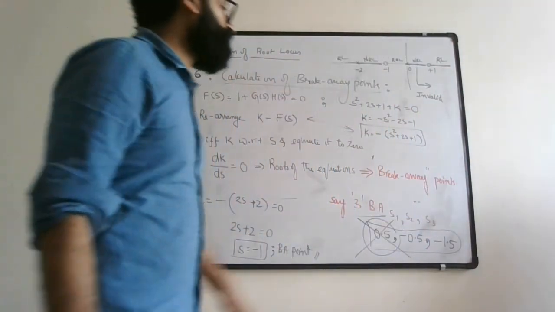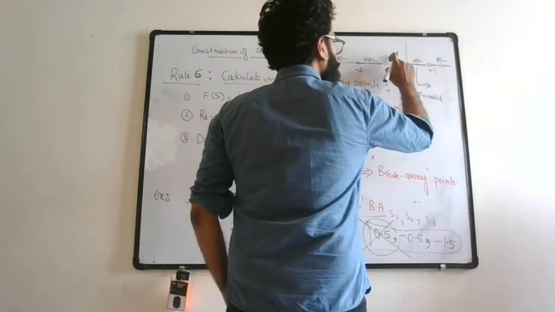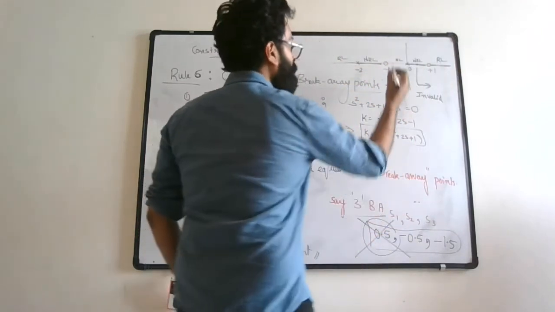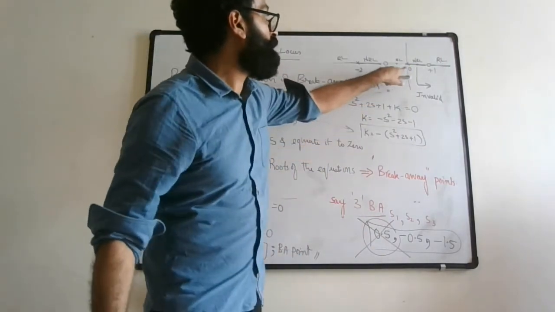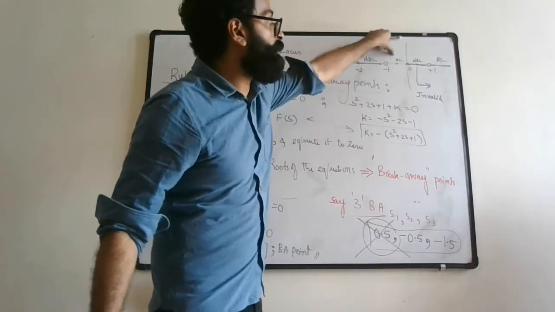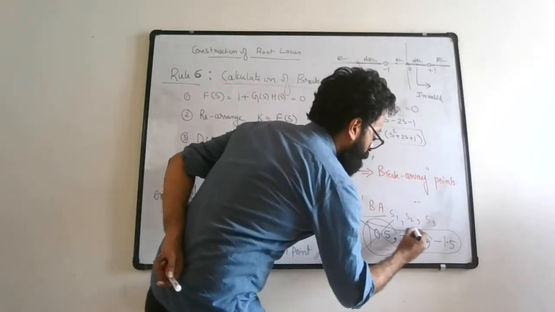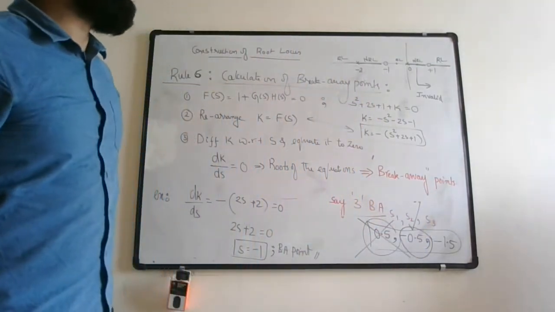Next we come to minus 0.5. Where is it getting placed? Somewhere over here, between 0 and minus 1, where we have the valid root locus branch. So minus 0.5 is your valid breakaway point.